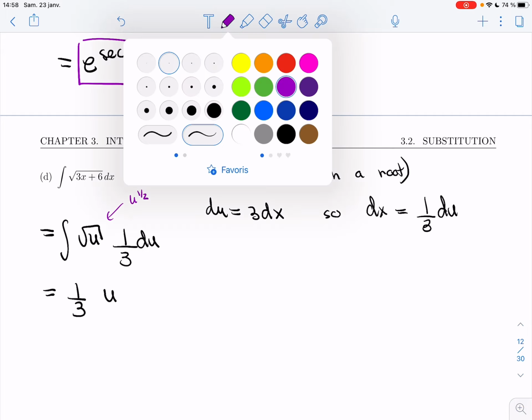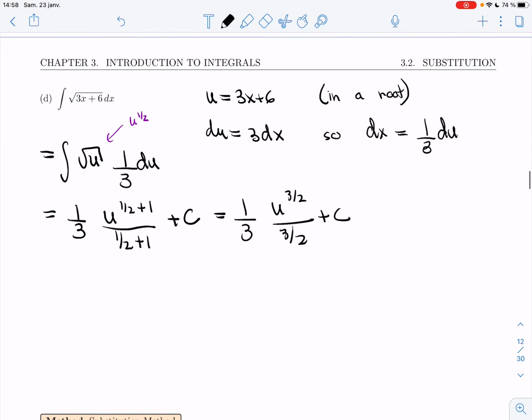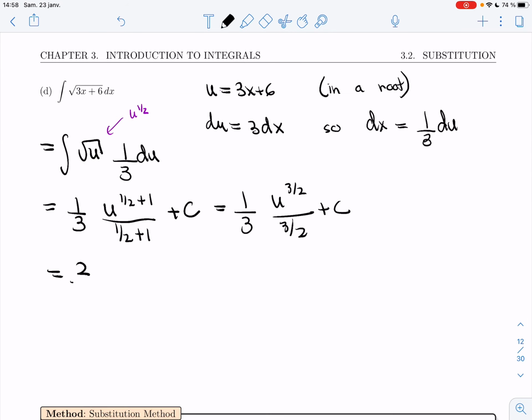And so I'm getting u to the 1/2 plus 1, 1/2 plus 1 plus c. So I'm getting 1/3 u to the 3/2 over 3/2 plus c. And finally, I need to go back to x. So I'm getting 3x plus 6 to the 3/2 plus c.